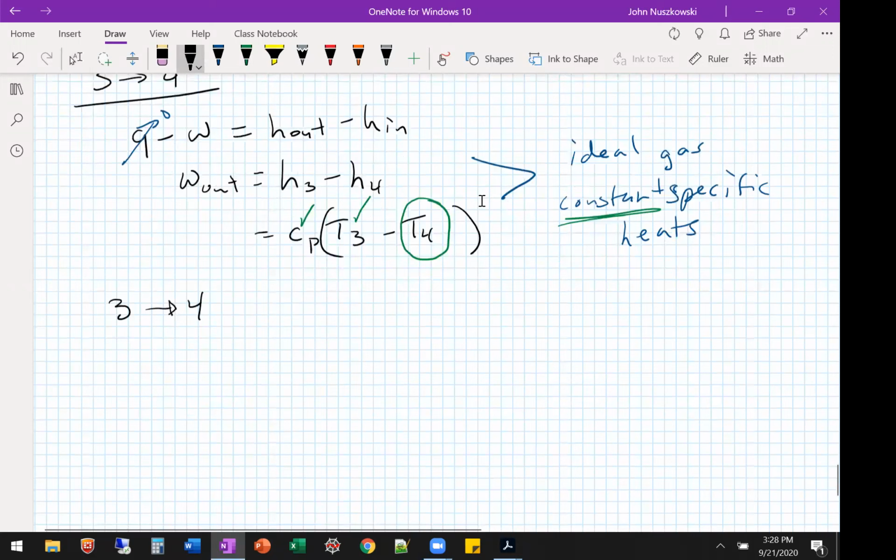This is actual, so that's T4 actual right here. That wasn't that much better. So with the isentropic, we can get 3 to 4s. It's isentropic.